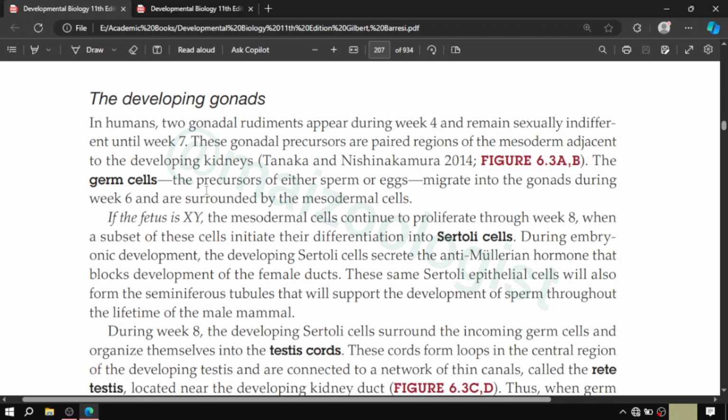Before going into the definition of that, another important aspect is that unlike the other organ rudiments in the mammalian embryo, the gonadal rudiment is bipotential. It can either be determined to form the testes, or it can be determined to form the ovary.